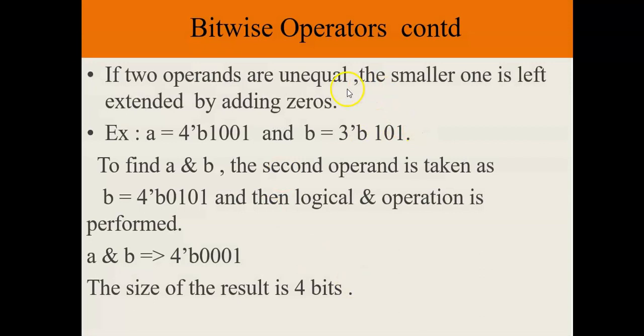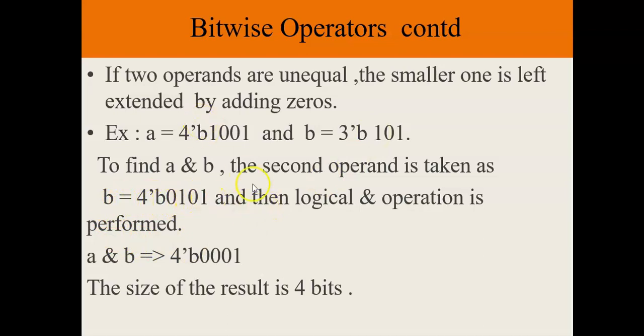If two operands are unequal in size, as I have told you, the smaller one is left extended by adding zeros. That's what I have shown here. I have chosen A equal to 4-bit 1001, whereas B is only 3-bit 101. What do we have to do now? I add a 0 on the left, so B becomes 4-bit, 0101.